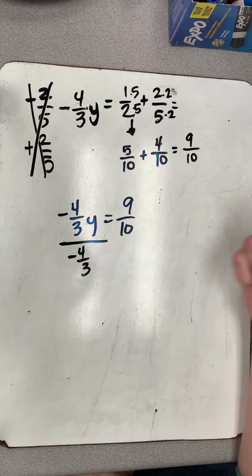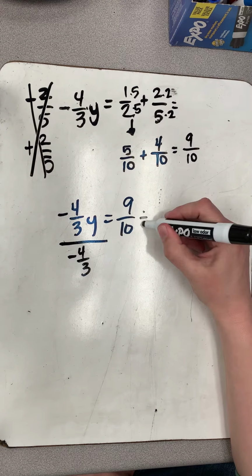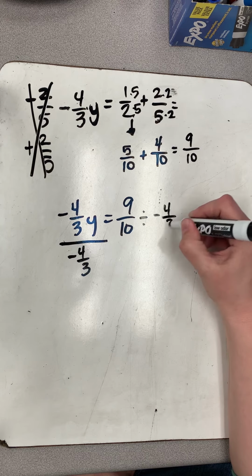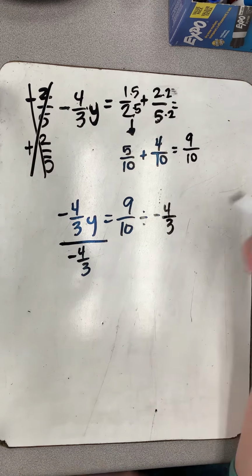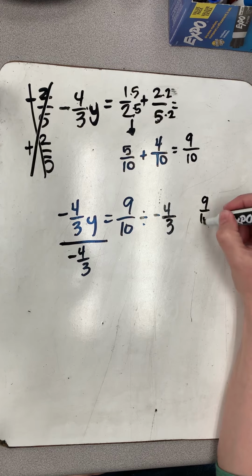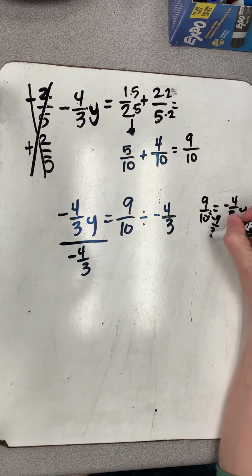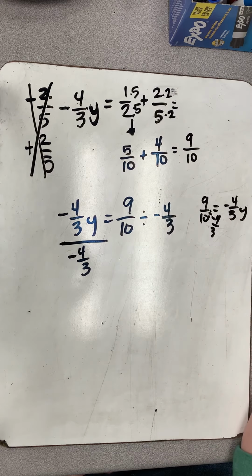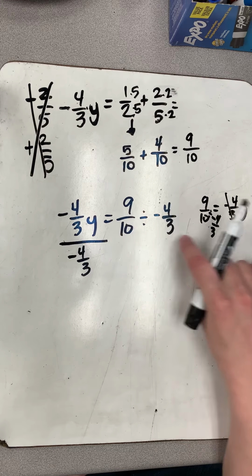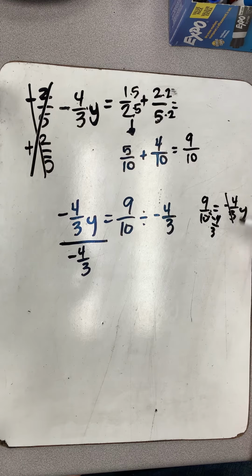So I'm dividing that fraction. Over here, I'll put divide by 4/3. If it was switched and we saw it like 9/10 is equal to a negative 4/3 y, I would need to put it behind it because in division, order matters. So make sure you're putting it behind it. In this case, I had plenty of space back here. If it's like this, you need to squeeze it behind what you already have, okay?